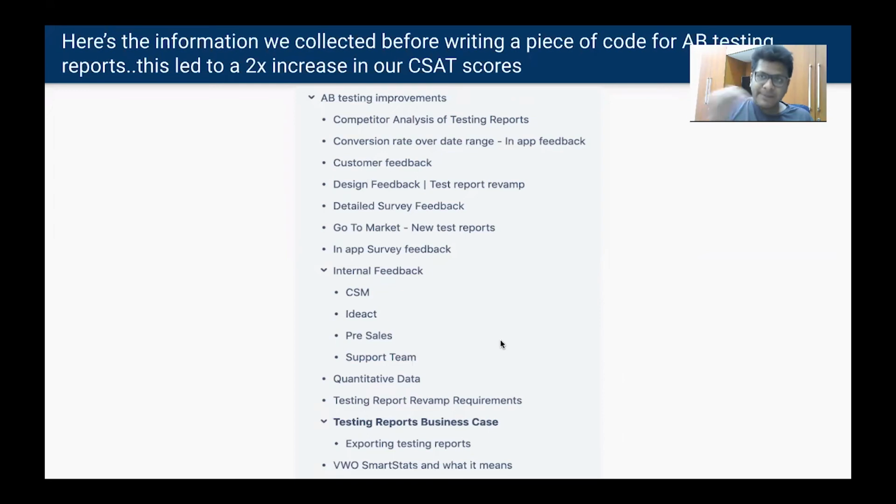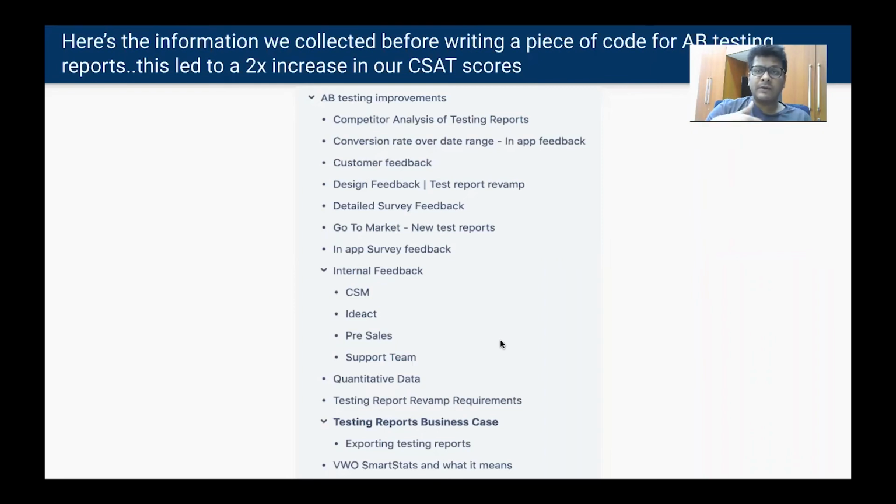So for the A/B testing reports that we revamped within VW, this is a screenshot of the navigation bar in Confluence for this project. I cannot share the business case, but I will share the kind of things that we covered. As you can see, we had the competitor analysis, the customer feedback, and the design feedback that we shared based on the business case.